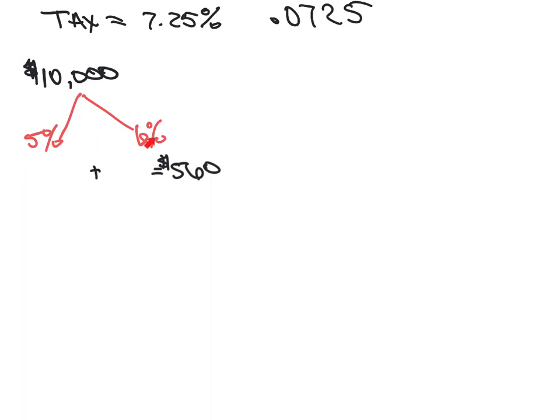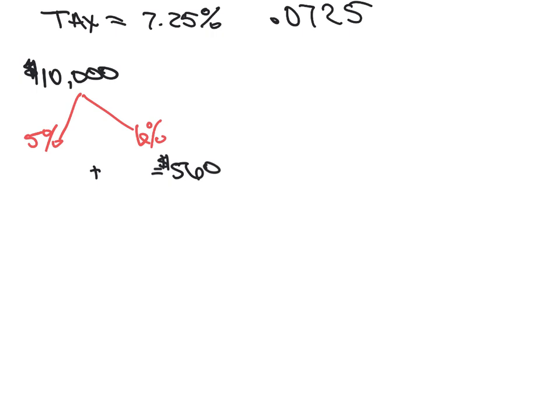At the end of a year, we get our interest from here back and our interest from here back. When we add them together, we've made $560 out of that $10,000. The question is, how much did I invest at 5% and how much did I invest at 6% in order to get that interest? So that's what I'm looking for.